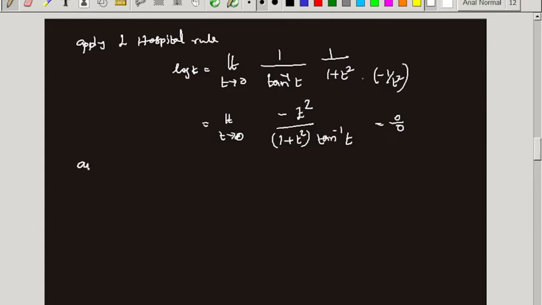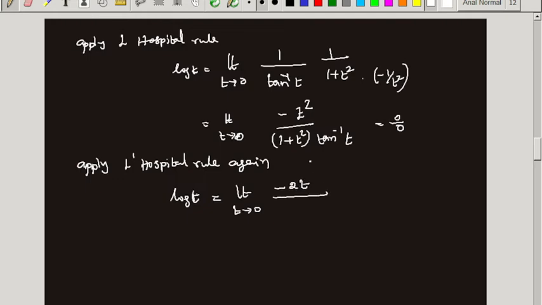Now apply L'Hospital rule once again. So log k equal to limit t tends to 0. So here we get minus 2t, the differentiation of t square. Here we must apply the product rule. 1 plus t square we write as it is, tan inverse derivative is 1 by 1 plus t square.